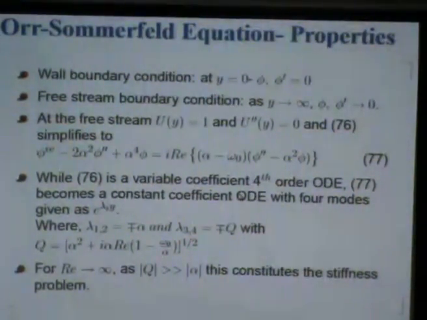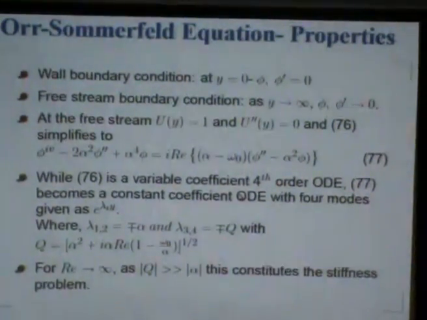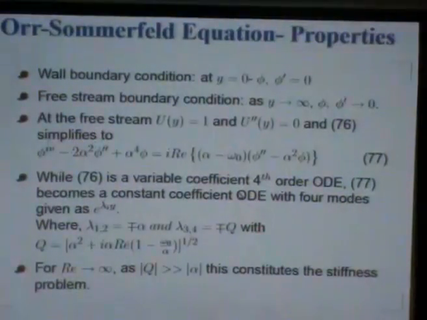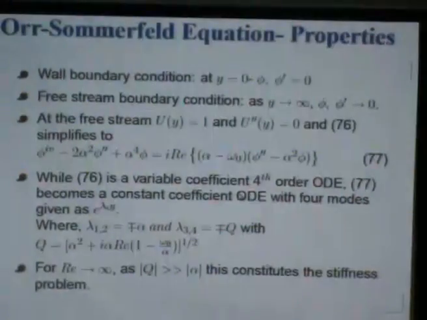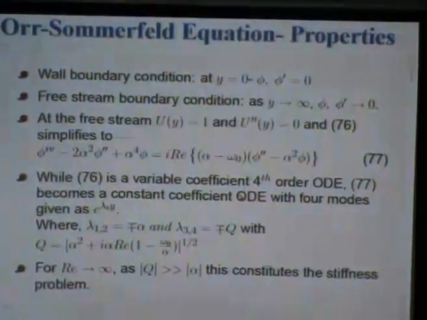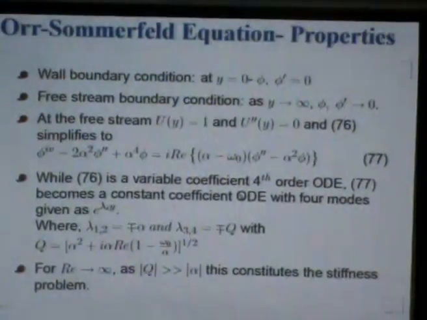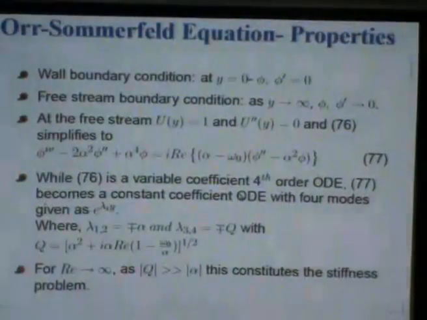Lambda 1 is admissible, because that is the solution which will decay as e to the power minus alpha y. Same way, I am extracting a square root from this quantity. So, one of them will be positive, one negative, and the one with a positive real part would again grow with y, and that will be inadmissible. So, although it is a fourth order system, only 2 modes are admissible.